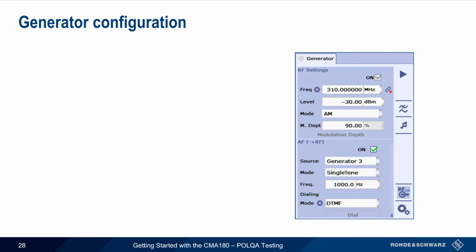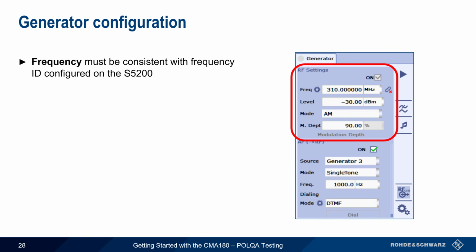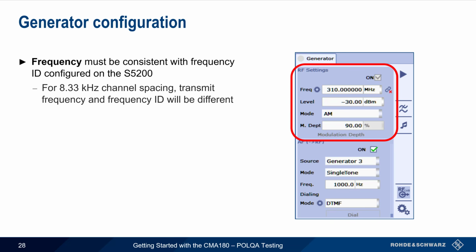On the generator side, we need to configure the RF settings so that the CMA transmits a carrier at the frequency expected by the radio under test, here our S5200. It's important to note that in the case of 8.33 kHz channel spacing, the frequency ID and the actual transmit frequency will be different.